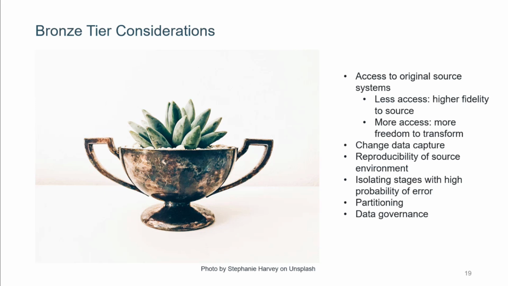In one case, the example I would give here is that if you are working in a context where you as a data engineer or somebody working as part of a pipeline, if you have full access to your sources of data, where you can even introduce changes to the schema in your source database, then you have a little bit more freedom to do some light transformation in your bronze tier hop.